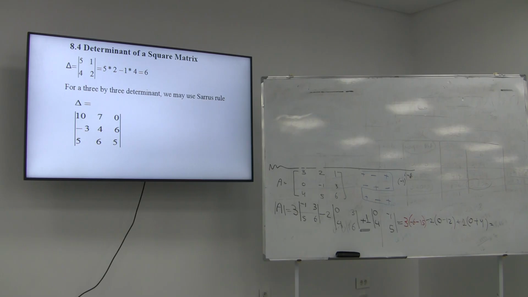If I want to evaluate a 4 by 4 determinant, how many minors are we going to use? I have 4 of them. Each one of them will be 3 by 3. So each one of the 3 by 3, by using the cofactor, you break it down to 2 by 2.